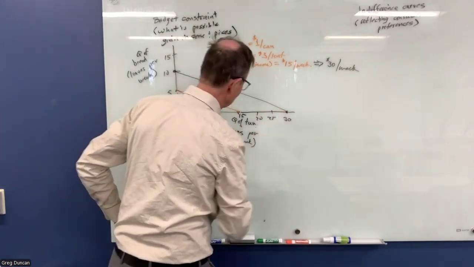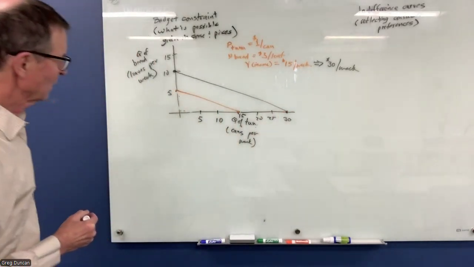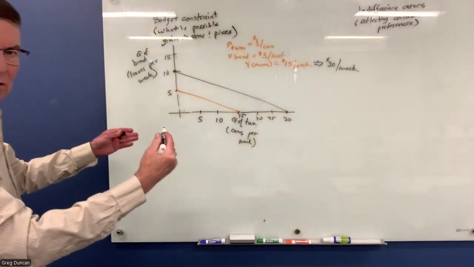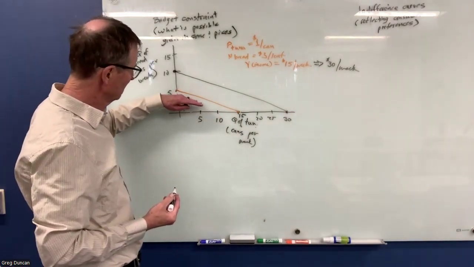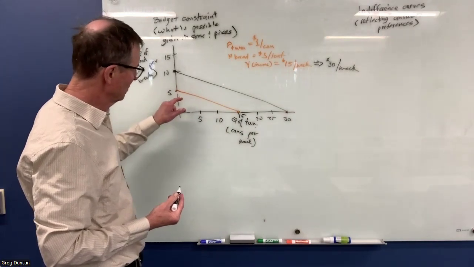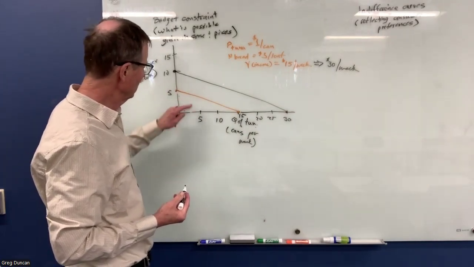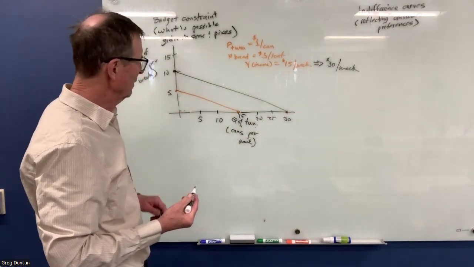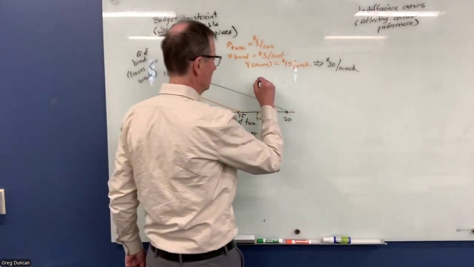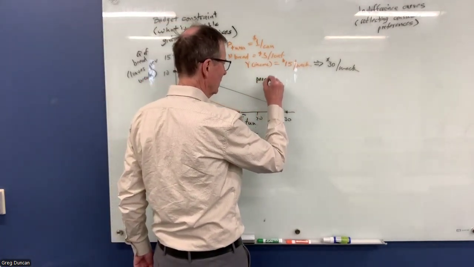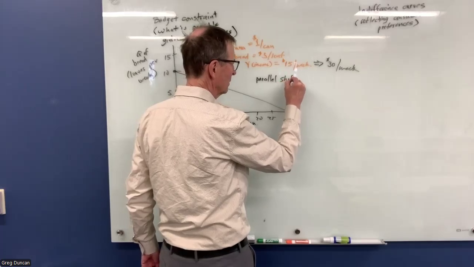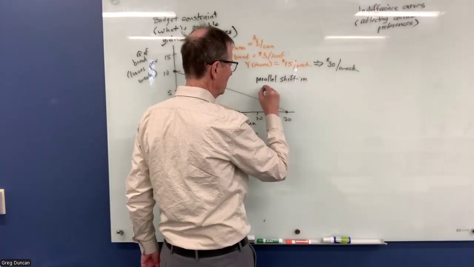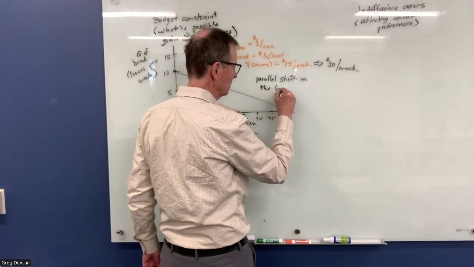And that gives us a parallel shift. Obviously, income is increasing because the area of possible combinations has increased. And this, even though I might not have drawn it very well, is a parallel shift in the budget constraint.